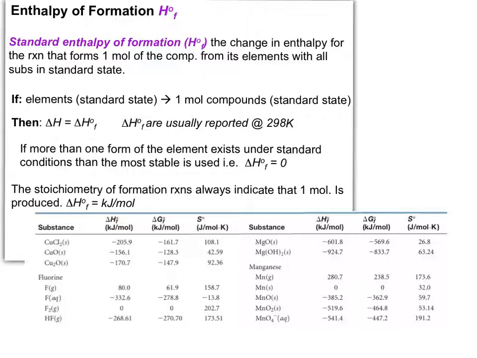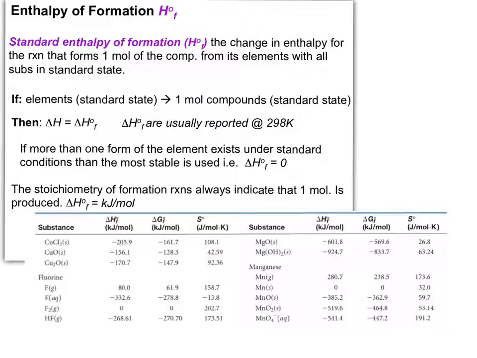Standard state means a substance that's in its pure form at 1 atm and 298 Kelvin. So if I have reactants that are elements in their standard state that give me 1 mole of product, then the change in enthalpy of that reaction will be equal to the change in enthalpy of formation.